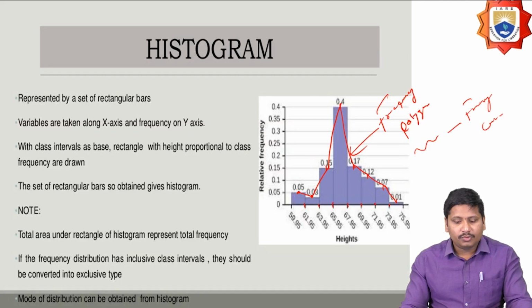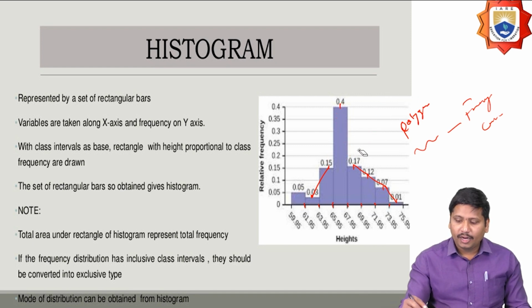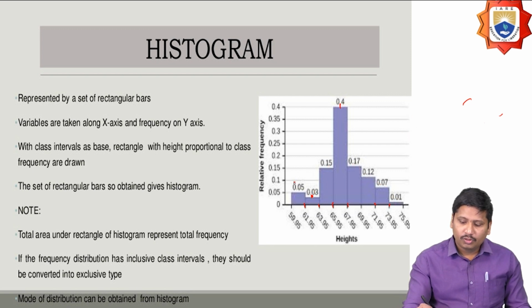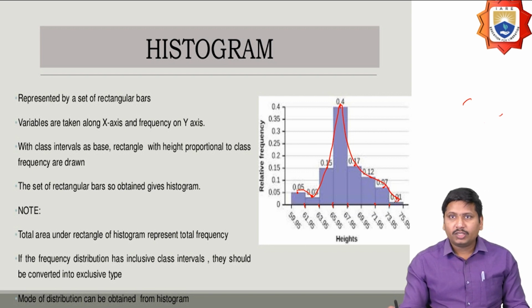A histogram is where we represent data based on class intervals and relative frequency. Once the histogram is obtained, we find the midpoints of the histogram, and if the points are joined by a smooth hand curve, it is called the frequency curve.